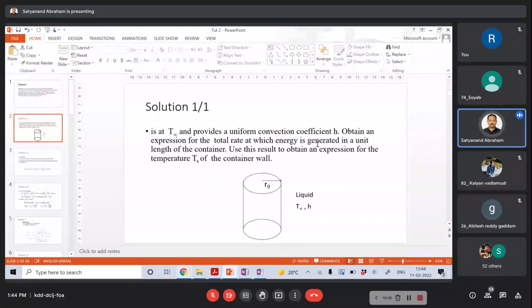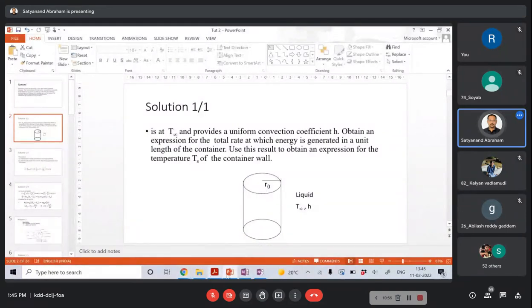There are again two methods. First, you can find the full temperature profile using the boundary conditions, and into that simply put r equal to r0. Then you will get the temperature on the surface.